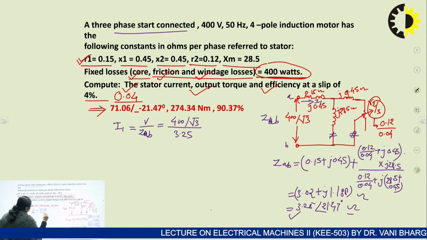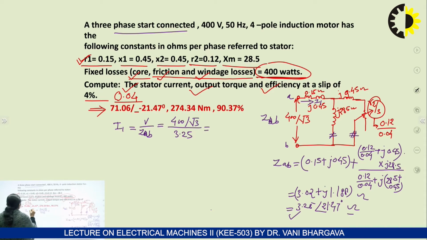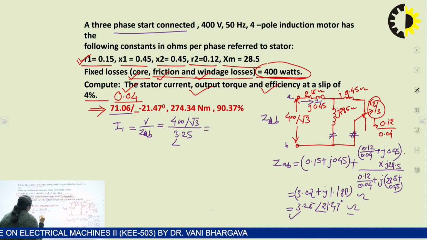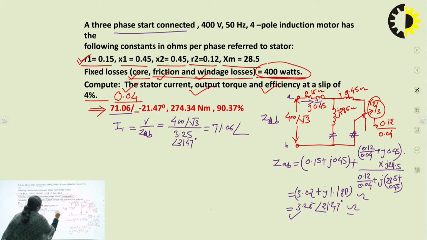So in magnitude, the current comes out to be 71.06. Let us consider the impedance angle as well, 21.47 degree it was. So I can write down the value of current as 71.06 with an angle of minus 21.47 degree, right? So we have got the input current flowing in the circuit.